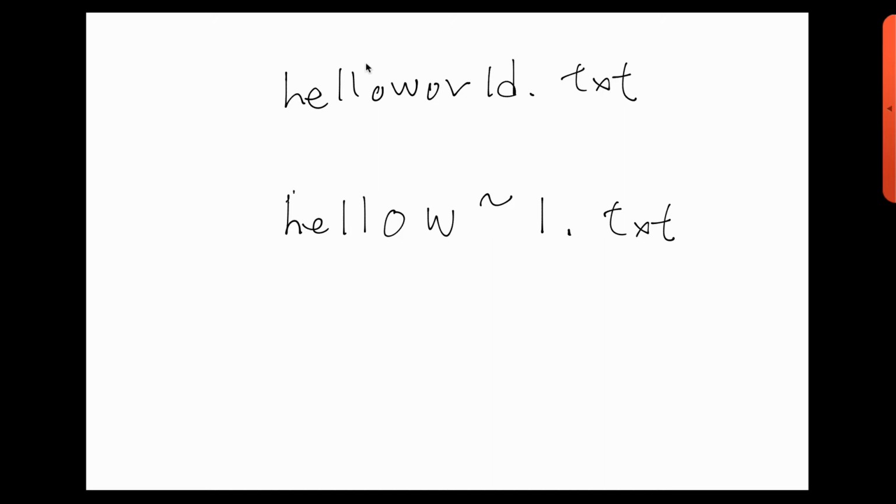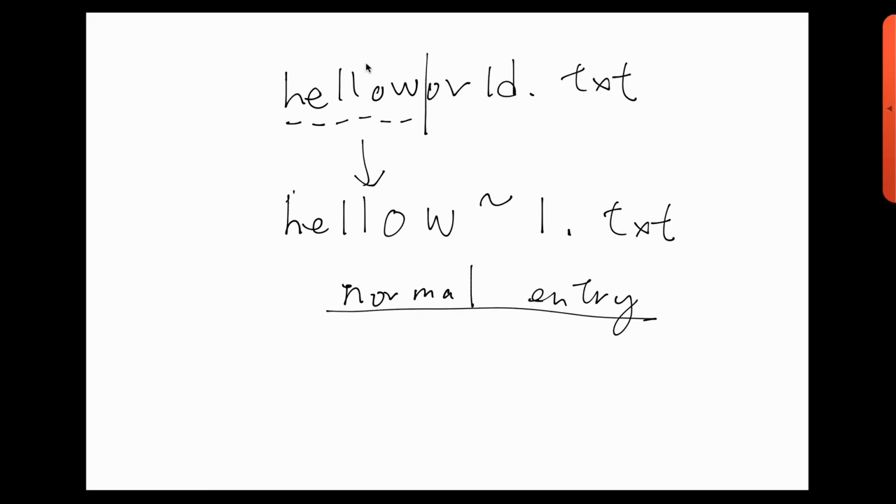So it will pick the leading 6 characters, 1, 2, 3, 4, 5, 6, and copy them to what we call the normal entry. The normal entry takes the 6 characters and leaves the next 2 bytes for the tail. And this is the normal entry conversion from the normal file name.